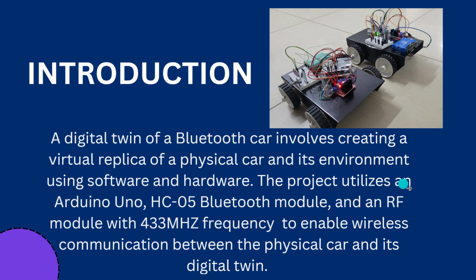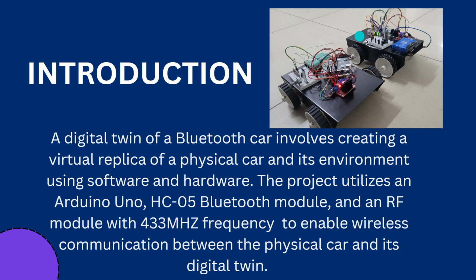An Arduino Uno is for one car, so we have to use two Arduino Unos. In my project, this is my slave car and this one is the master car.